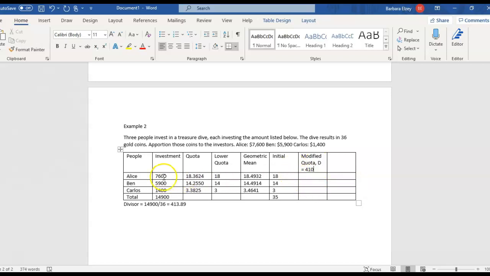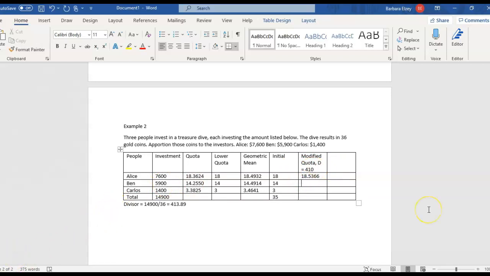All right. And let's see what we get. Let's divide our 7600 by 410. I'm going to get 18.5366. Let's divide our 5900 by 410.